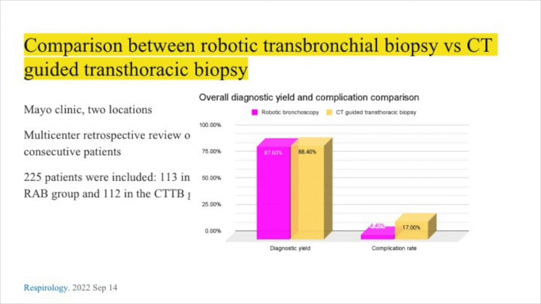There were 225 patients total, and the diagnostic yield between robotic bronchoscopy and transthoracic biopsy was comparable, at about 88%. However, the complication rate of transthoracic biopsy is higher compared to the robotic-assisted bronchoscopy group. However, no good data have come out regarding this question.